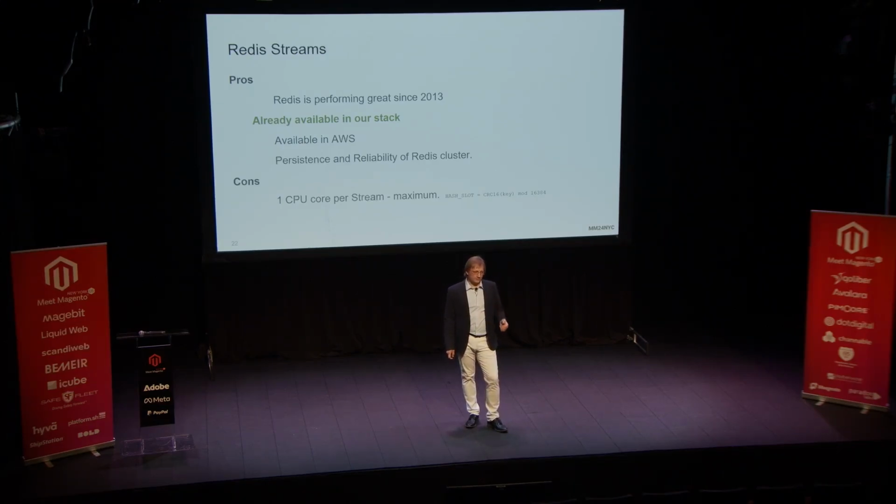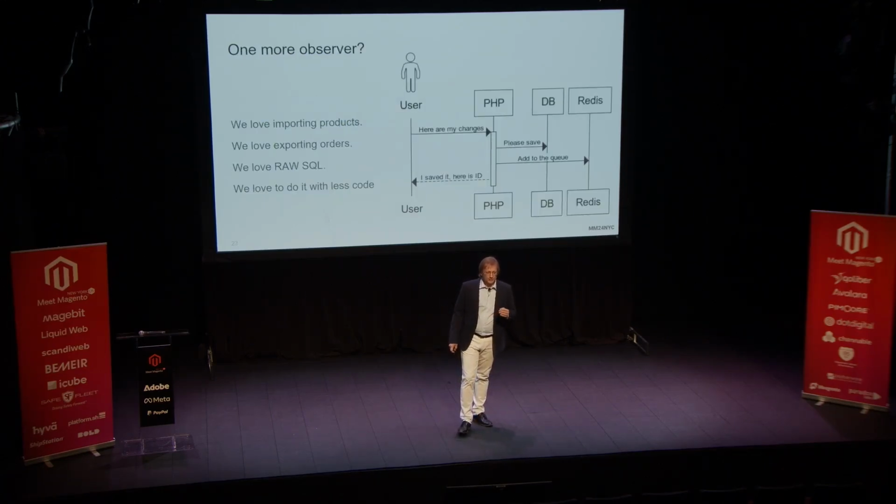If we're using Redis cluster, we're looking at at most one CPU per queue. Moreover, if we would build it right away, yet another observer putting data into a regular Redis queue, that's boring.